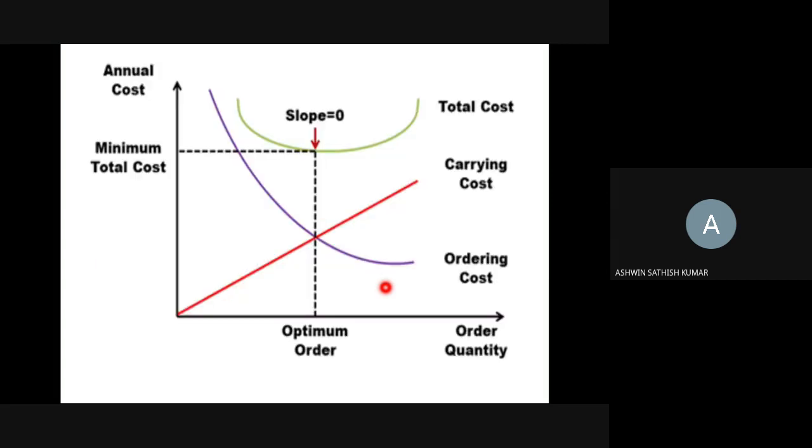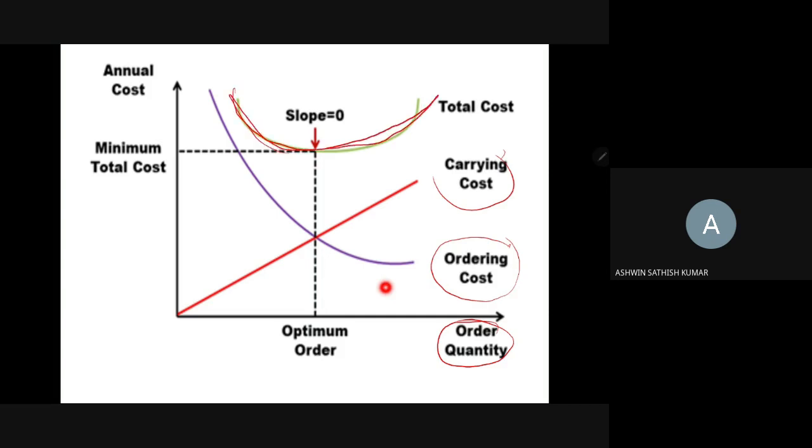So in this case, what you can do, if we have a large order quantity, at that time the ordering cost will decrease, right? But you have to bear the bigger storage cost, holding cost. So what we have to do, we have to make the balance between these costs.